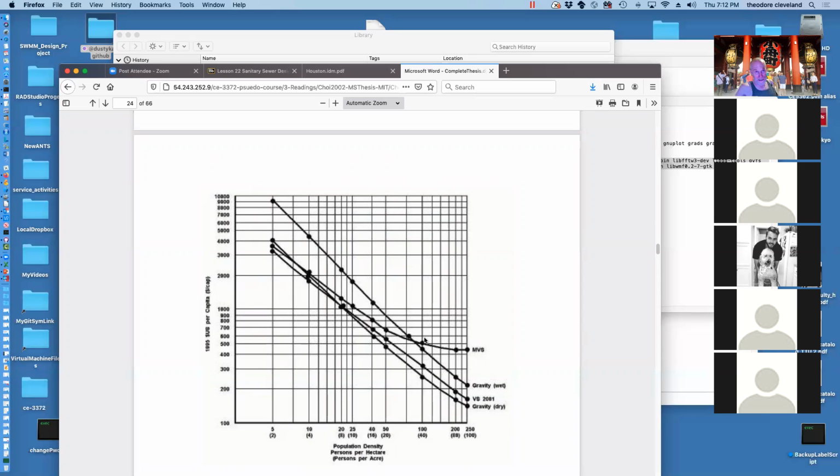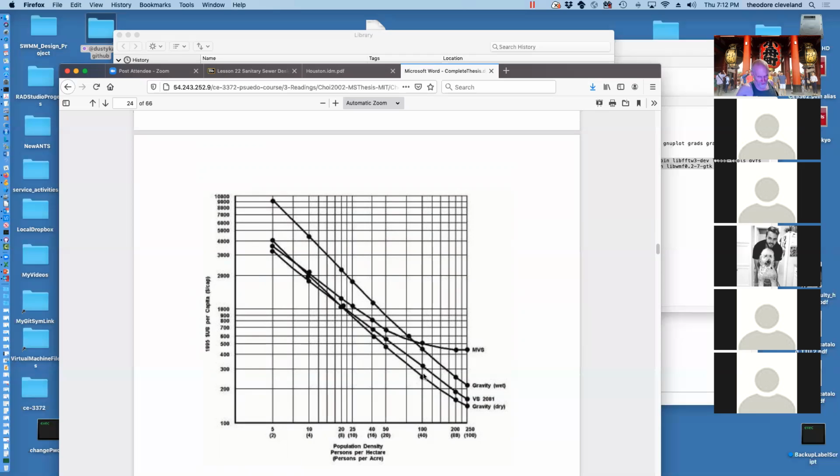That would be like, let's see, 10 houses per acre in a city, which would be pretty high density because most of our lots are a sixth to a fifth of an acre. The gravity sewer is actually quite cost effective, the dry gravity. Wet gravity is kind of what we think of as a pressure sewer.